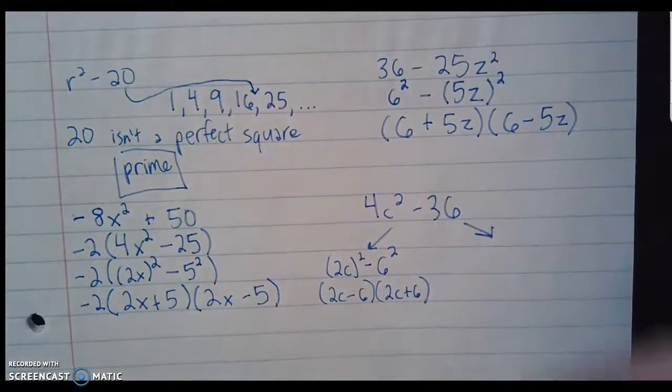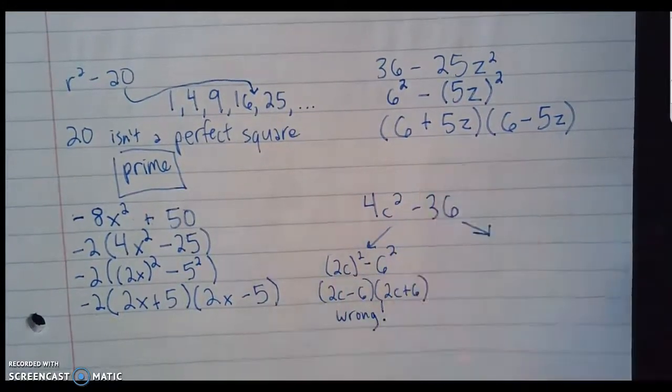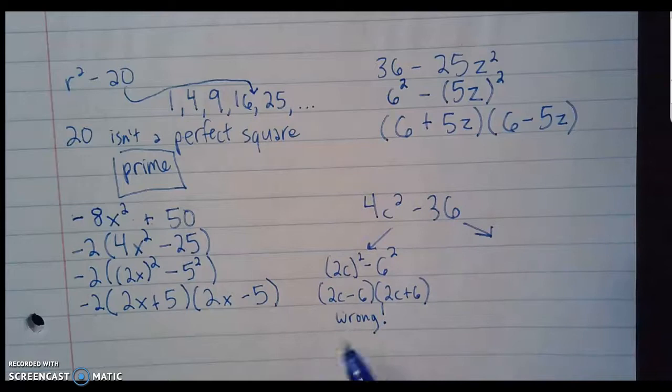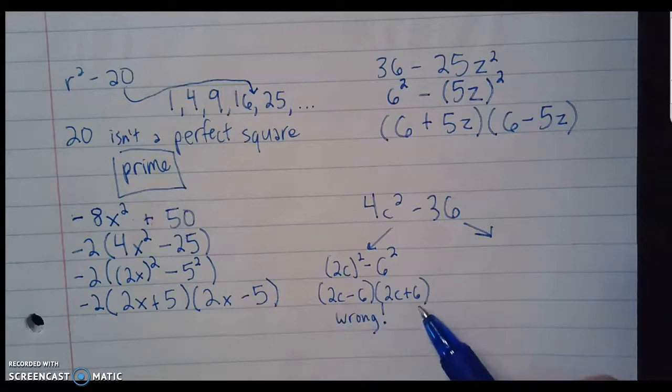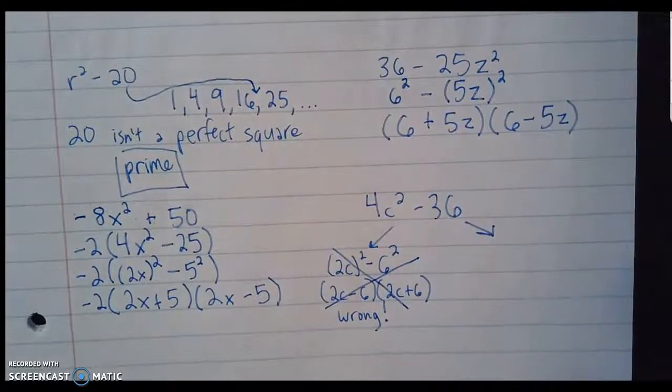That is incorrect. That is wrong. And the reason that is wrong is that 2c minus 6 has a GCF of 2, and 2c plus 6 also has a GCF of 2. So this is not completely factored. This still could be factored further. So you don't want to jump in like that.